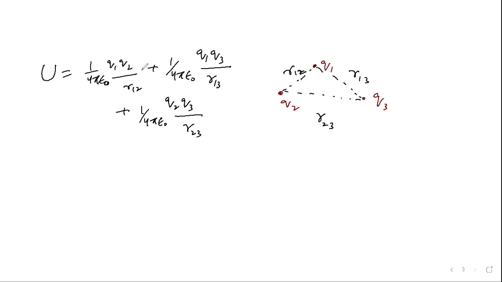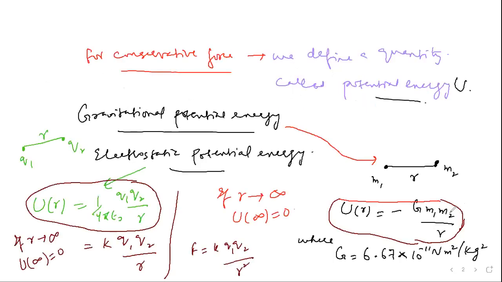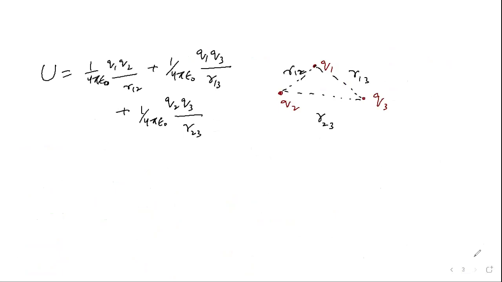Similarly, if we have many masses, then you can use this expression for each unique pair of masses and add those terms to get the gravitational potential energy of that particular configuration of masses.